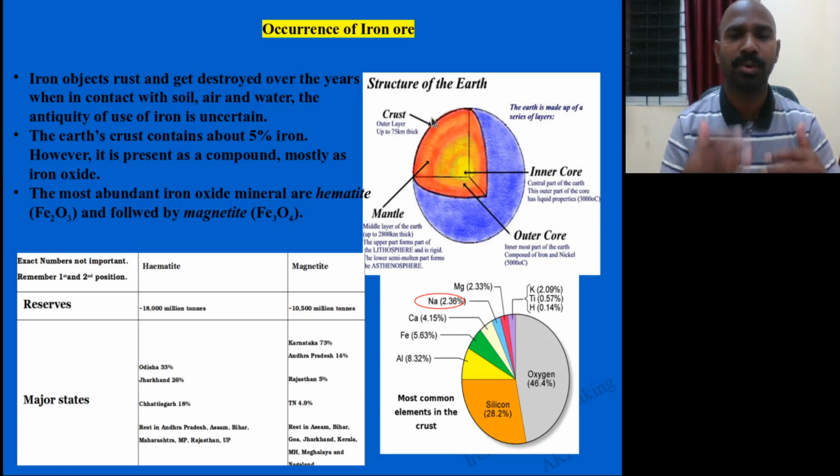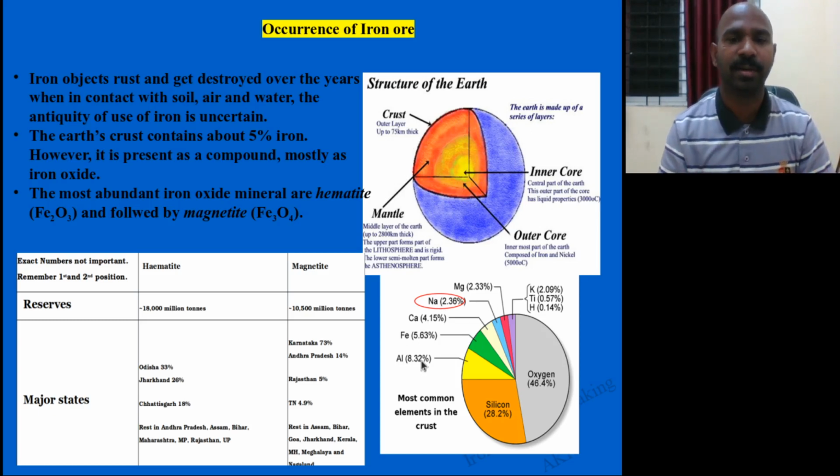This is how the earth is divided from the top surface. Within this earth crust, the elements exist as sodium around 2.36 percentage, iron 5.63 percentage, oxygen 46, silicon 28.